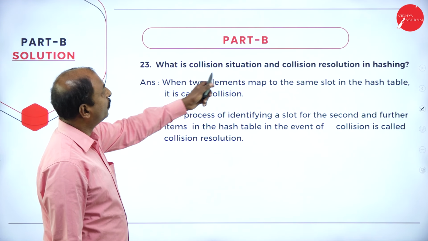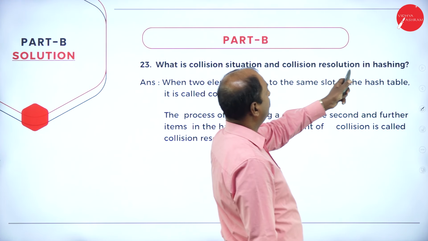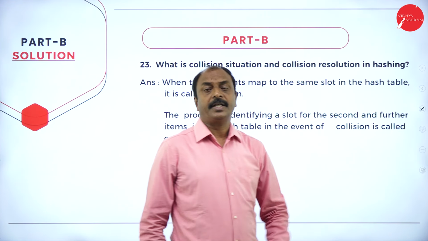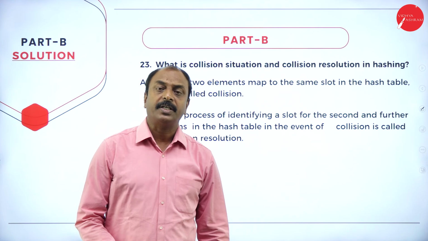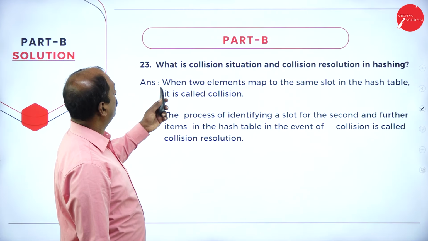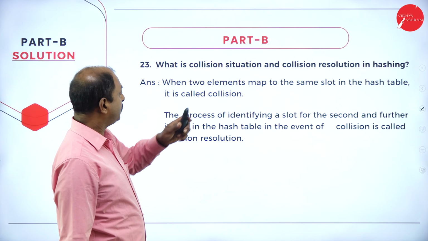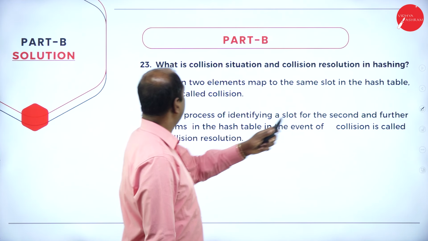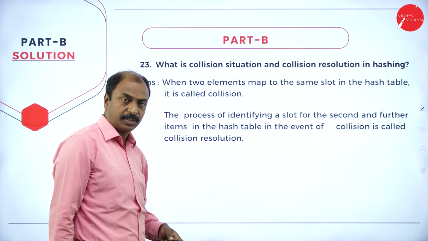23. What is collision situation and collision resolution in hashing? So you know what is hashing? It is one of the searching techniques, one of the search algorithms. So what is the answer for this? What is a collision? When 2 elements map to the same slot in the hash table, it is called a collision.